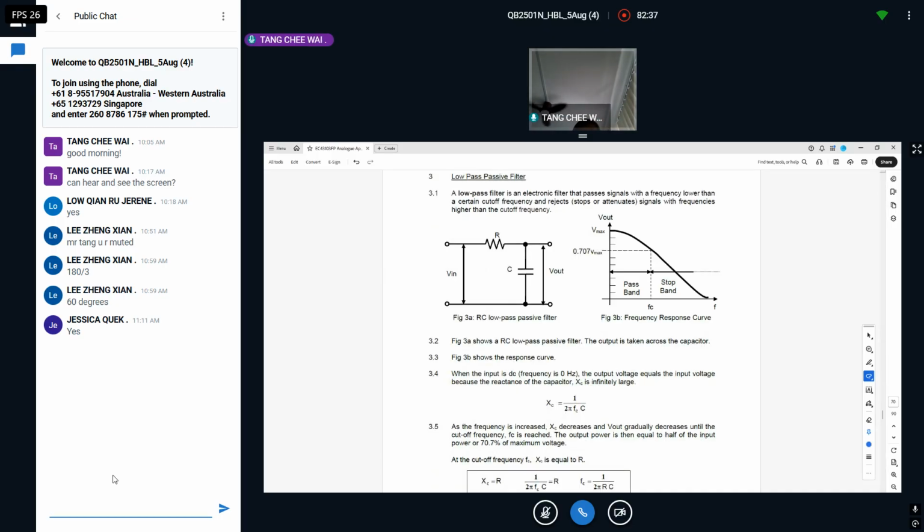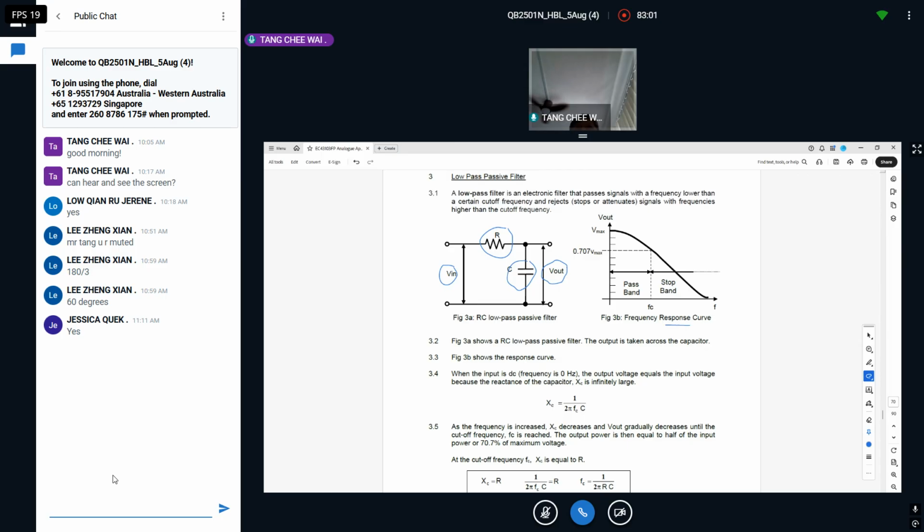The first one, low pass passive filter. How is it connected? Right in front of you, a simple resistor R and then a capacitor, with input on your left and output on your right. Here on the right-hand side is your response curve we described earlier.